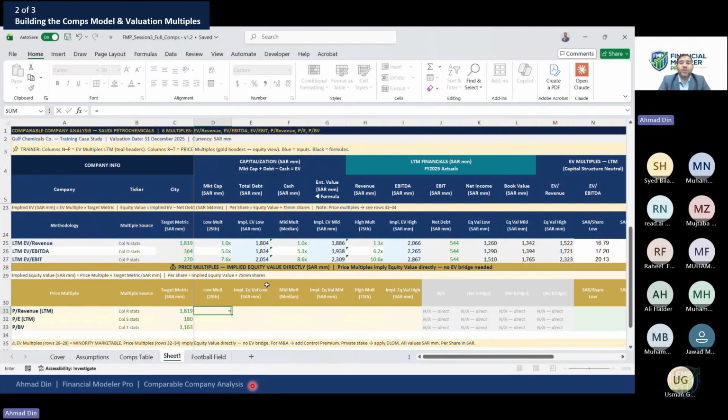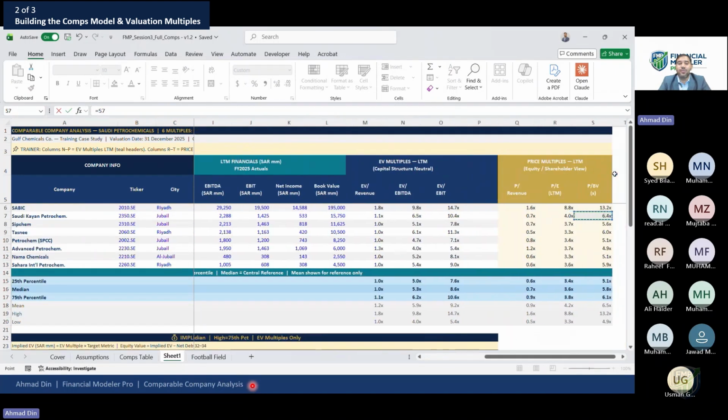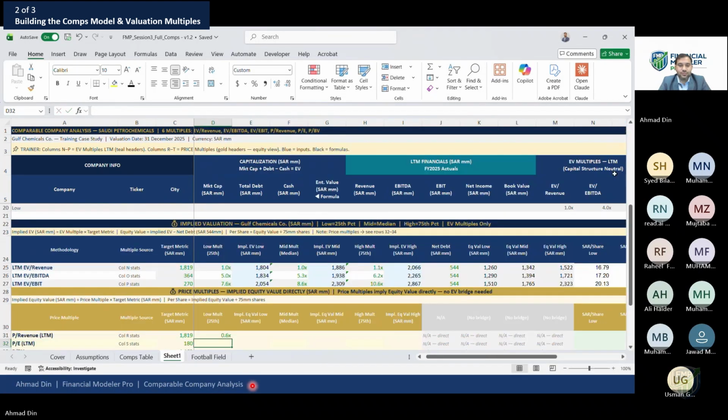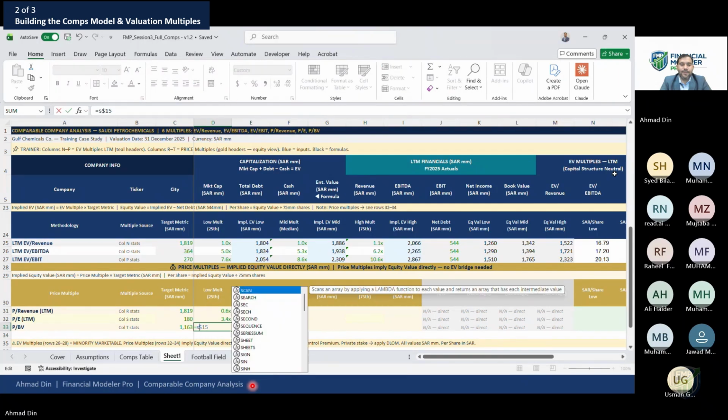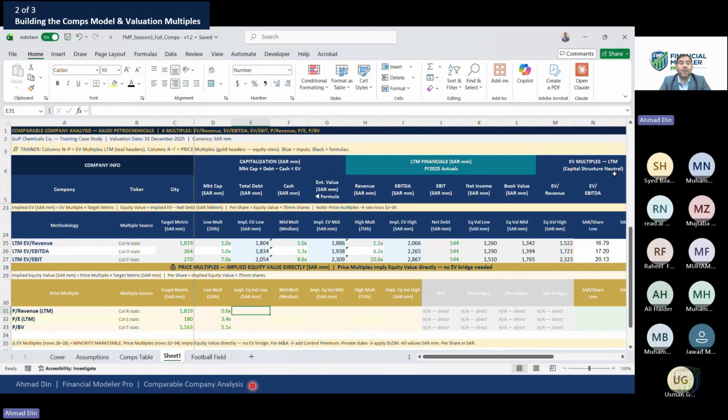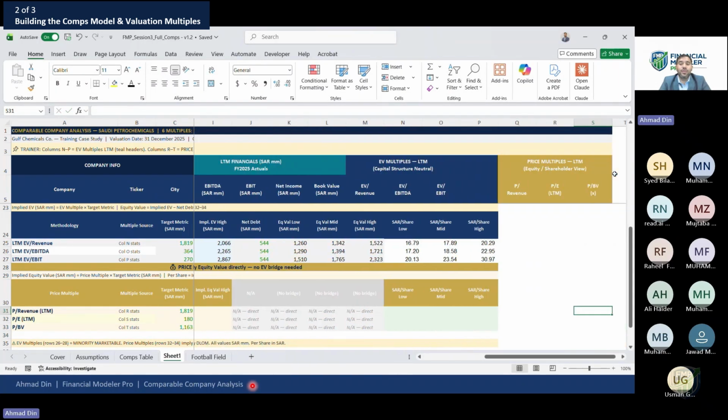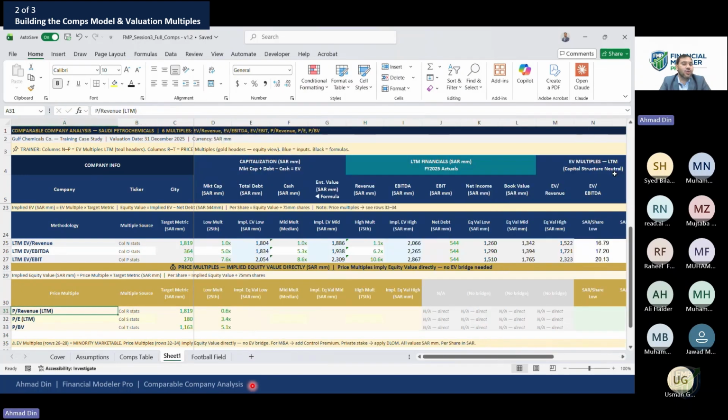So now first we need to get the multiples from our calculated multiples, like for this our low multiple. So we get the price to earnings multiples for the low side.